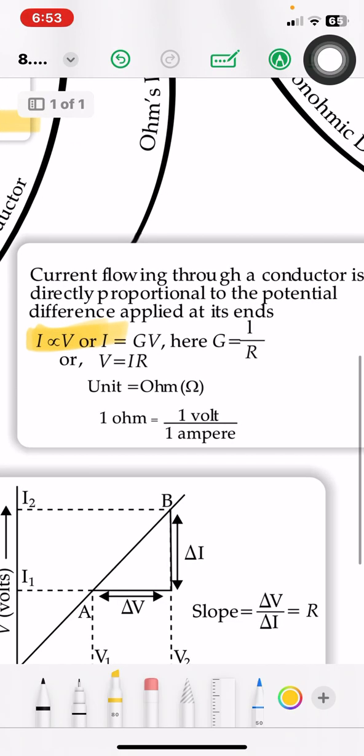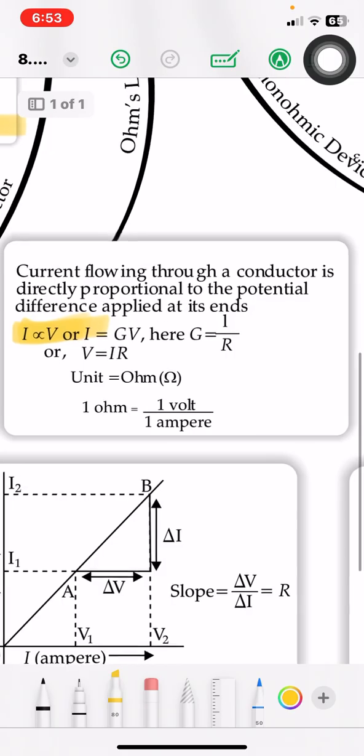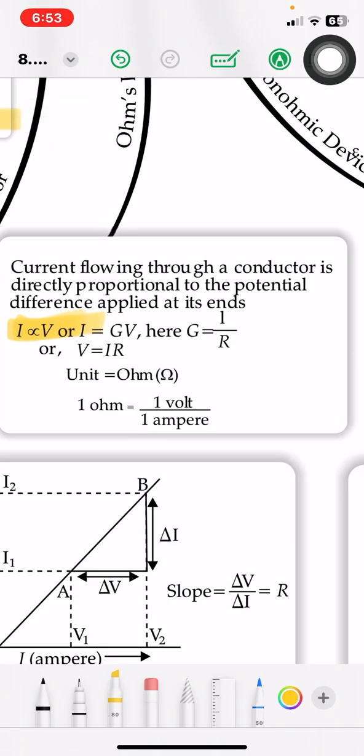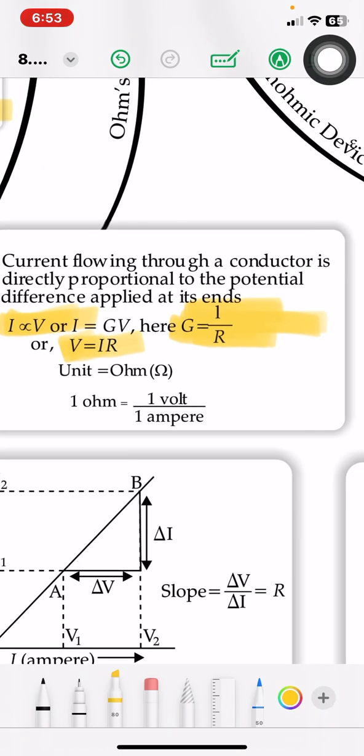And to remove the proportionality, you have a constant coefficient, that is basically resistance, all right. And V equal to IR. If you divide 1 by R, you get G, that is conductance. G denotes conductance.